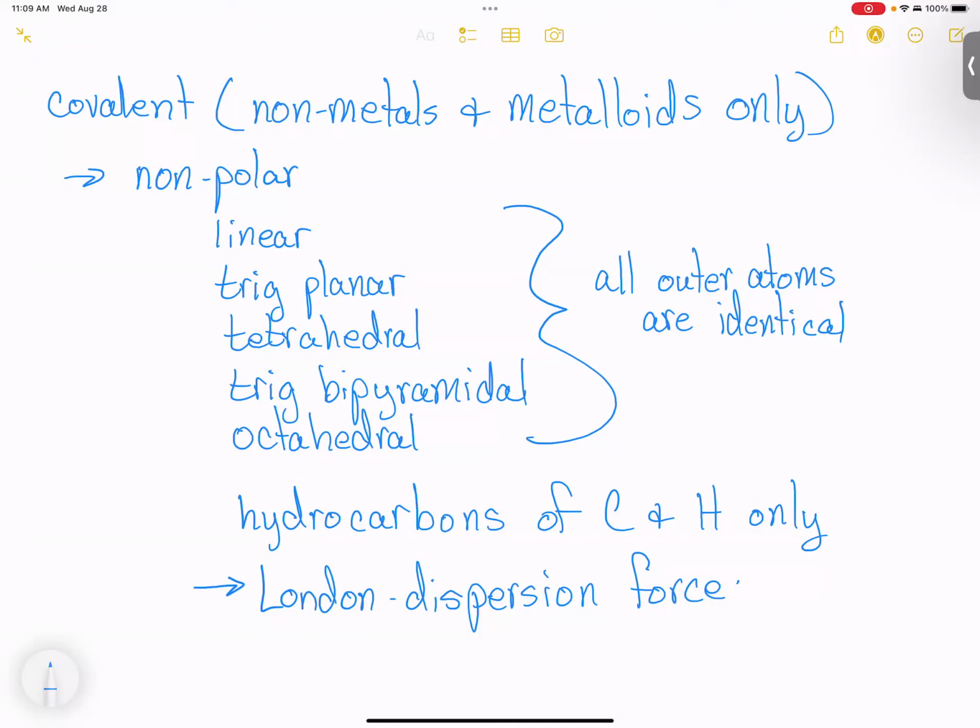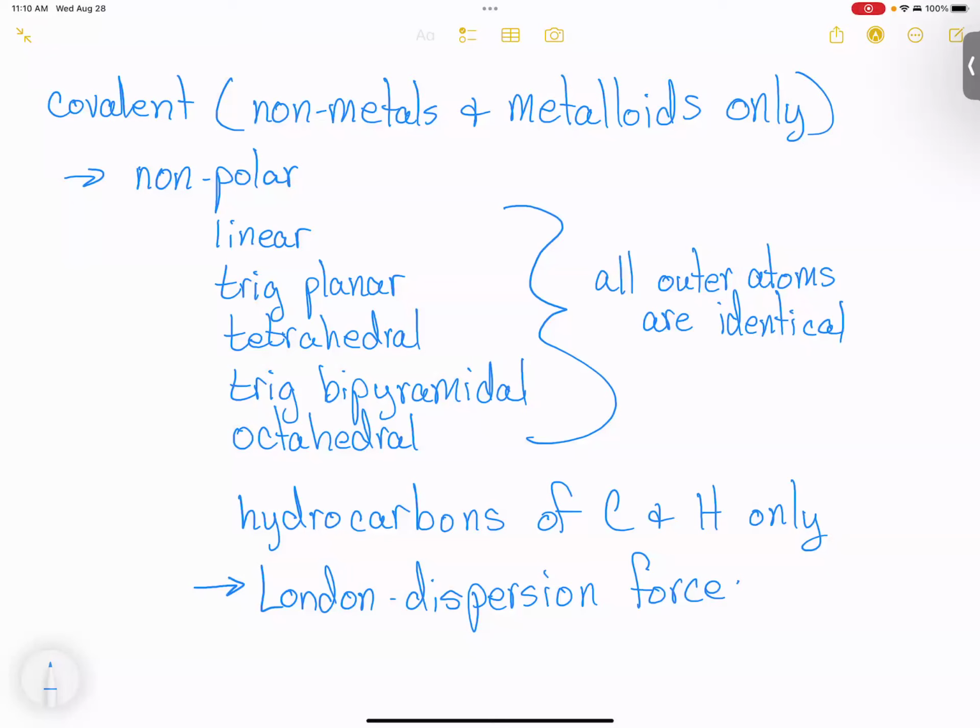But electrons are in constant motion. So every once in a while, the electrons wind up on one side of the molecule. But because they're in constant motion, they don't stay there. They quickly go back to being between the two atoms. Now, when they wind up on one side, you have a temporary polarity that occurs.